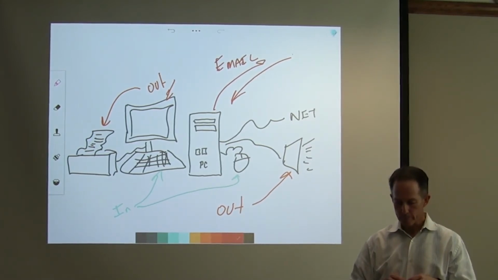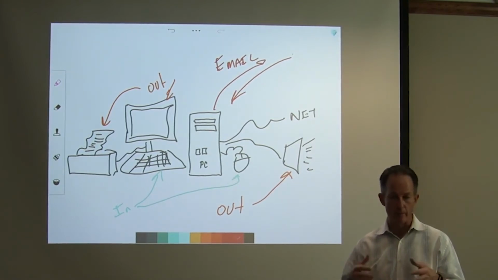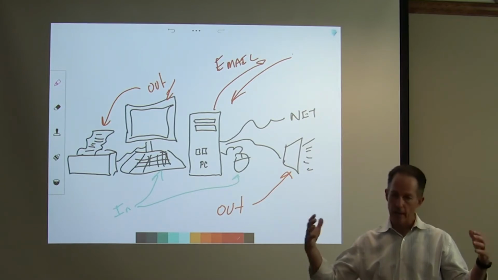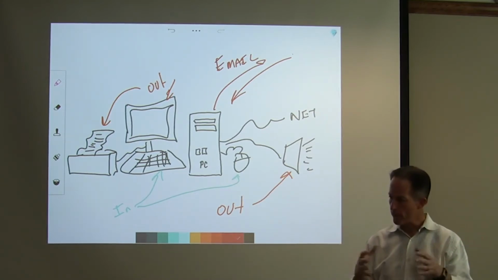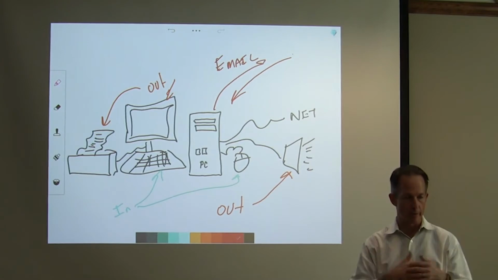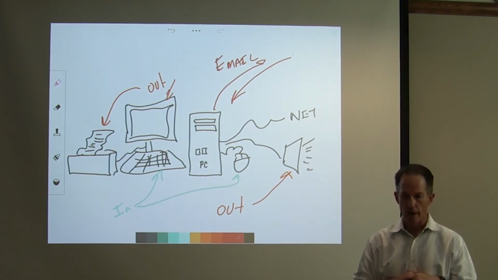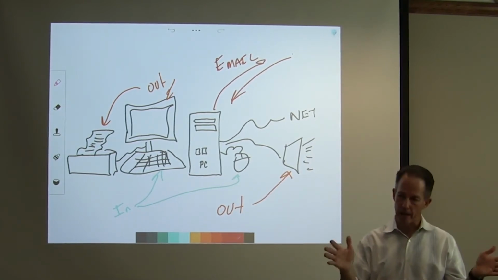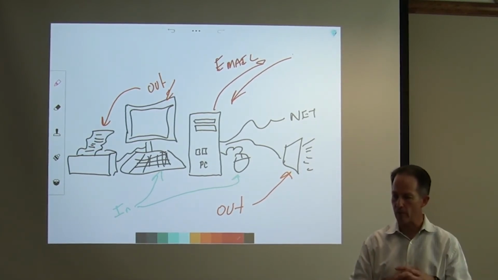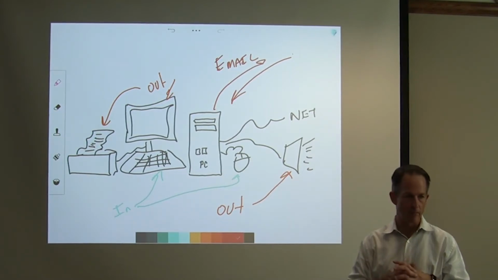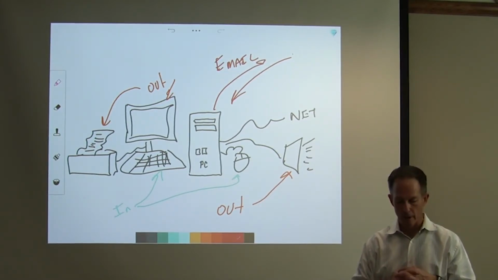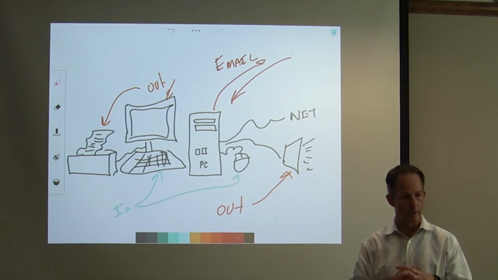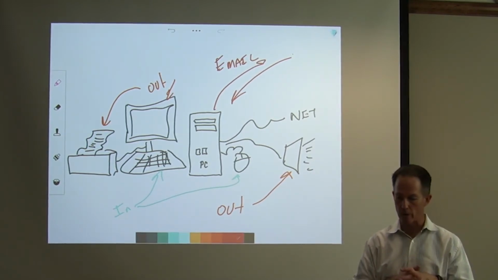BACnet was put together by ASHRAE as a collection, and the industry got together, experts in the field, saying what would be the best way for us to share information between devices. And so it got a slower start, but it was a much more sound footing for that whole platform, and it is gaining more support as time goes on. And so as a kind of a future here on campus, that's the direction that we've chosen to go.